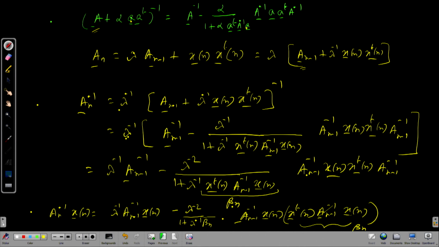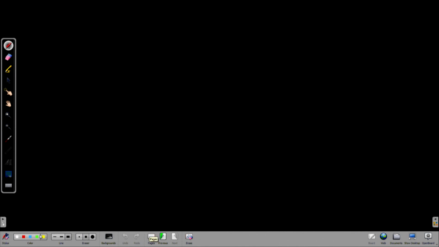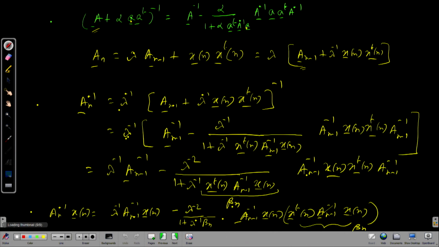Okay, let me write down again. If I carry out this product, I have from previous page. See, first I find out the A n inverse formula, then I am just carrying out one result. If I use A n inverse times x n, what will happen now? Because I know the A n inverse formula, I replace A n inverse by this. I will require that later, that is why I am working it out.